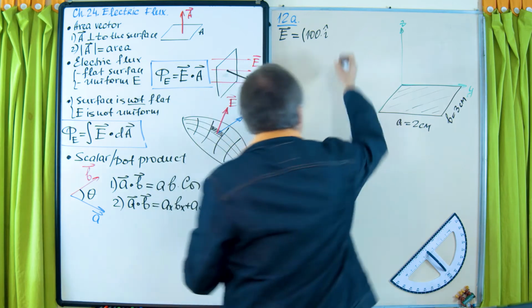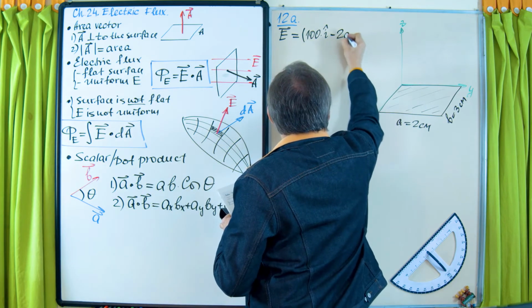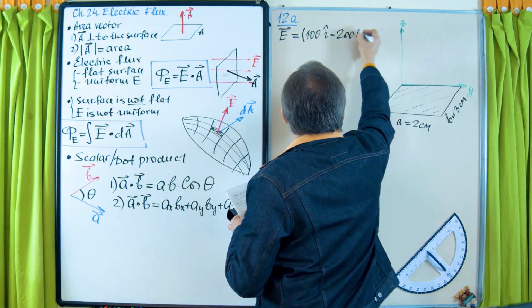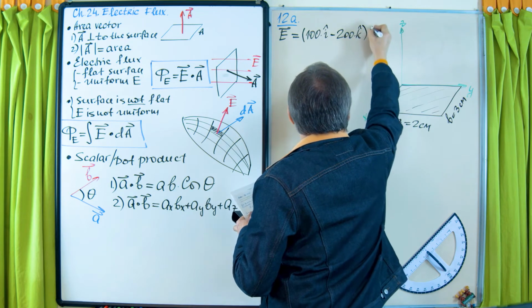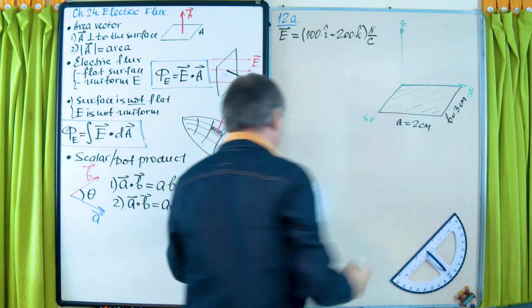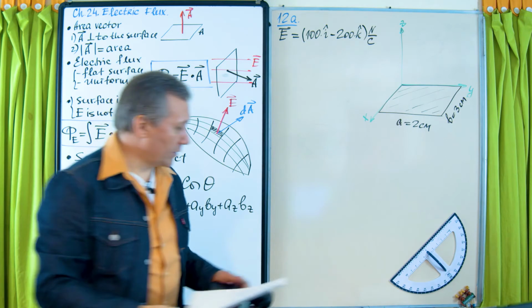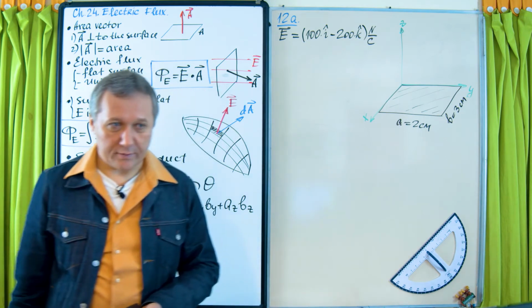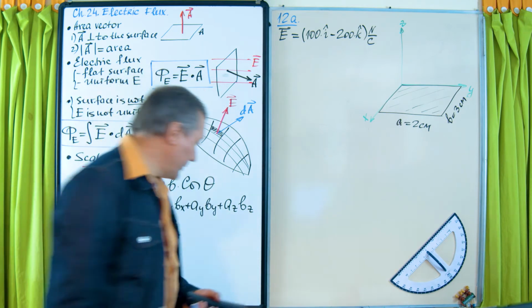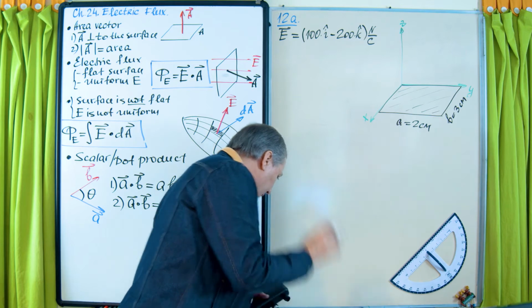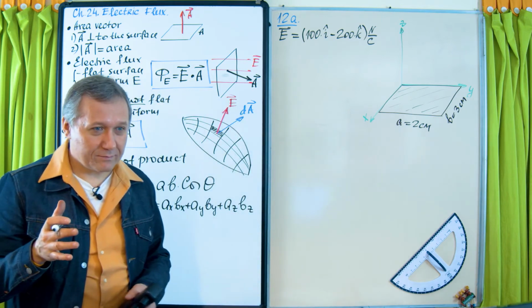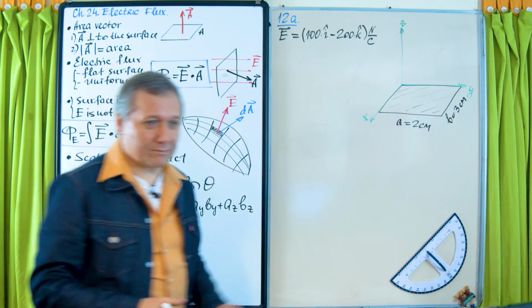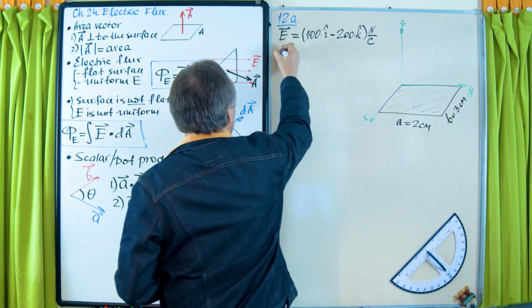Then minus 200k hat, and of course units, newtons per coulomb. Again, k hat is a unit vector in the positive z direction. So that's what is given. And again, the same question: find the electric flux.